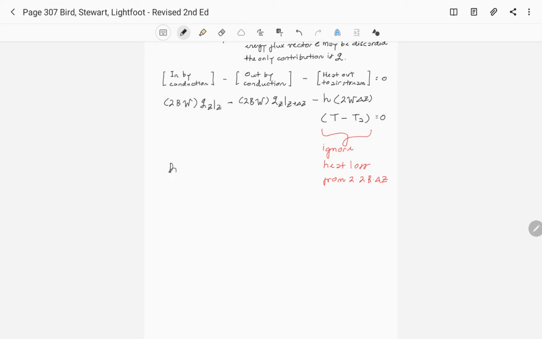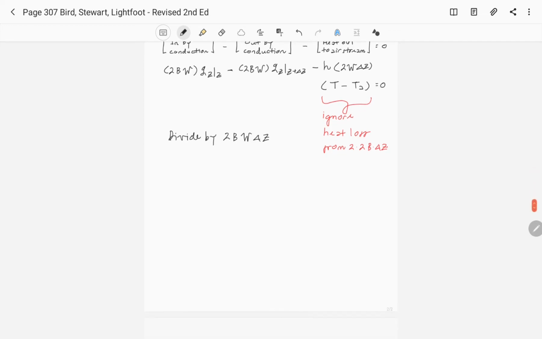We divide by 2B W delta Z. Okay, as a result, we will get minus Qz at z plus delta z minus Qz at z, divided by delta z, minus H over B times T minus TA, equal to 0.